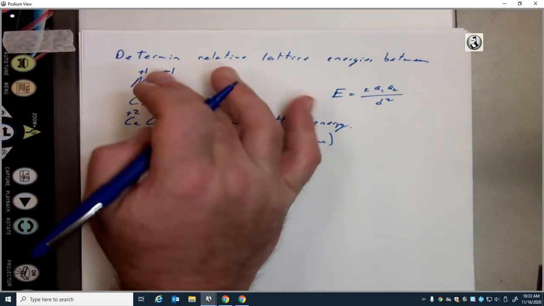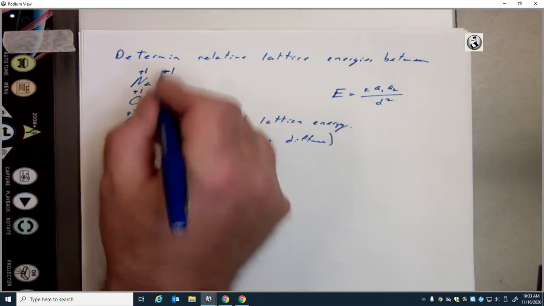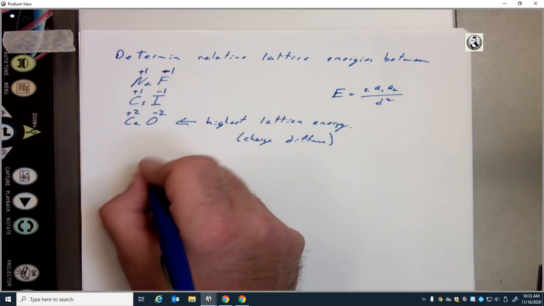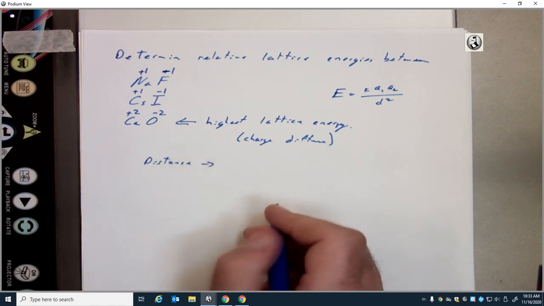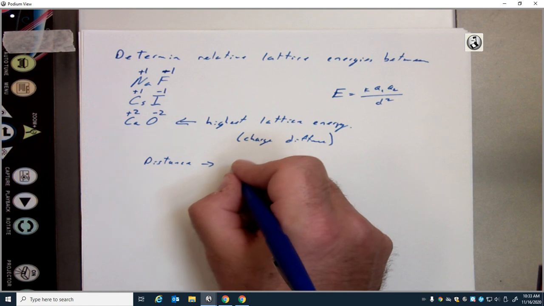Now, we also need to be able to figure out this, and this is where distance does come into it. When we're looking at distance, we really need to look at the size of each atom.